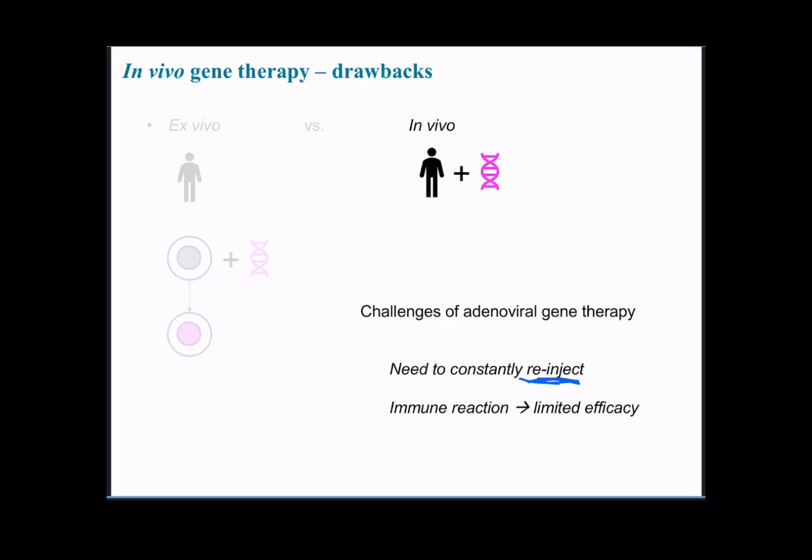And perhaps more importantly, one of the biggest limitations of in vivo adenoviral gene therapies is that sooner or later, the patient's immune system will recognize these modified adenoviruses and mount an immune reaction against them. It's almost like you're injecting the patient with a vaccine every time. So at some point, the patient's immune system may learn to recognize these adenoviruses and attack them pretty violently.